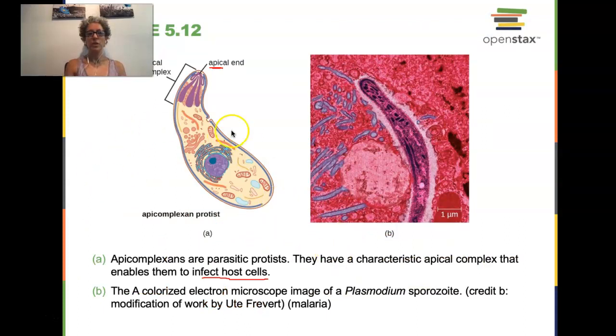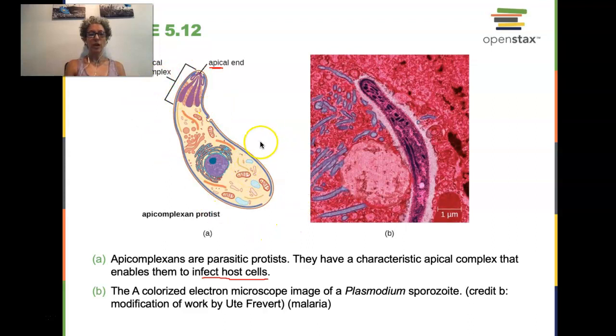This is another image of a Plasmodium. In this on the right side, the sporozoite is one of the life stages of this parasite, and the cartoon is showing you why these are called apicomplexans, because at the apical end, the pointier end, they have this complex, which is what allows them to enter and penetrate into cells.